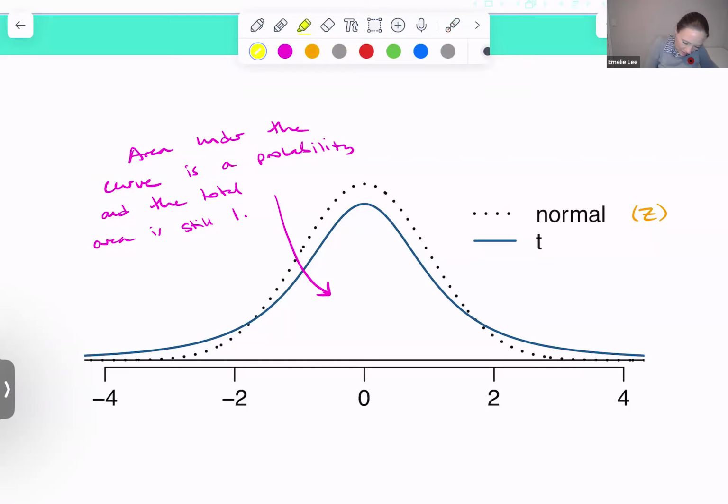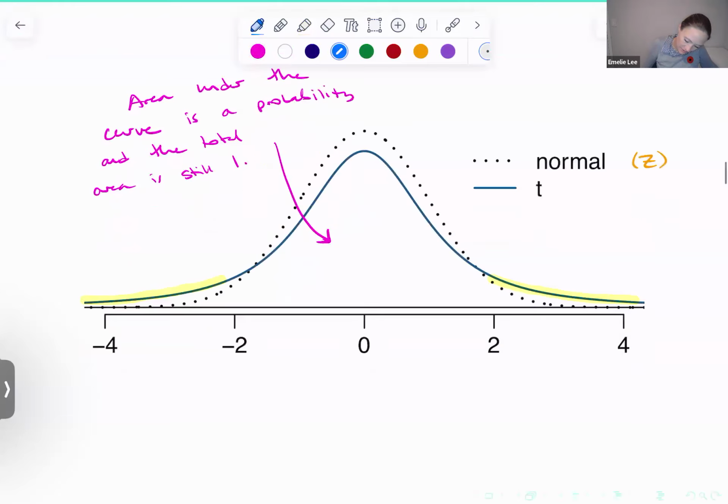And what we see here is that we have these thicker tails. More area in the tails means what? Means the probability of seeing those more extreme values is higher, right?